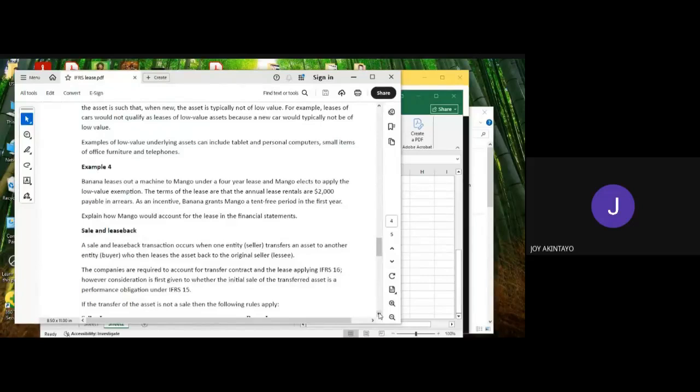Are we together? How do we amortize, and what will be the values recognized in our statement of financial position or statement of profit or loss? We need to determine that in our next class. So we round everything up on Sunday.